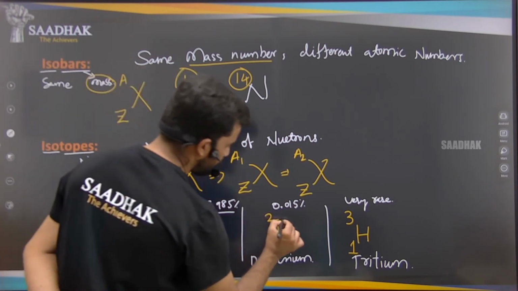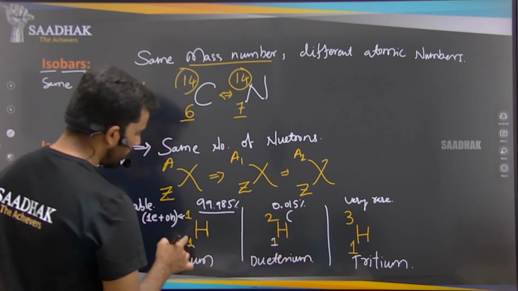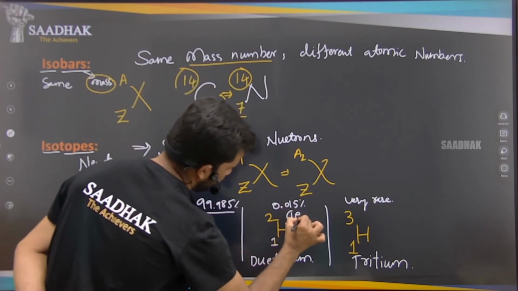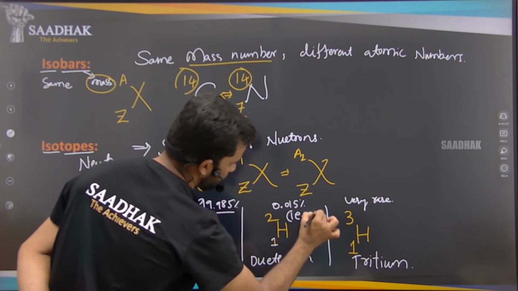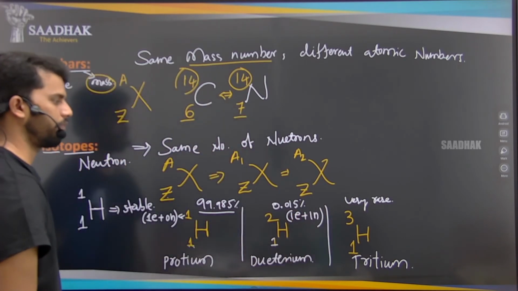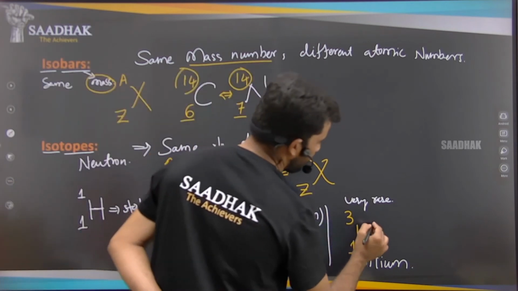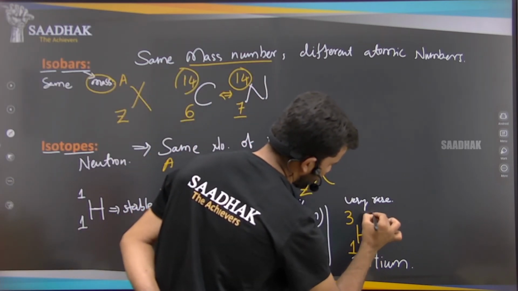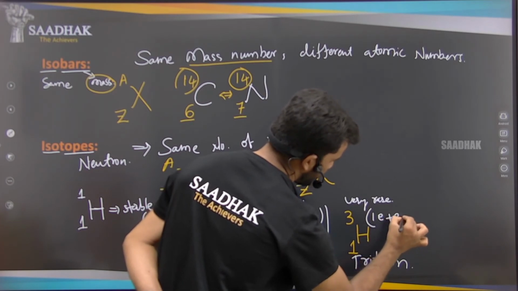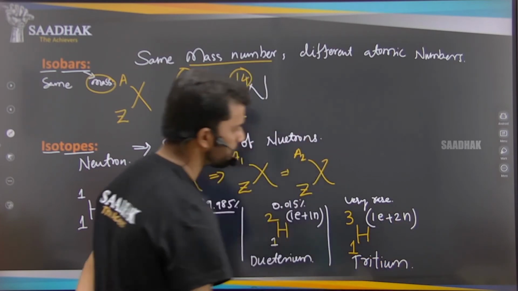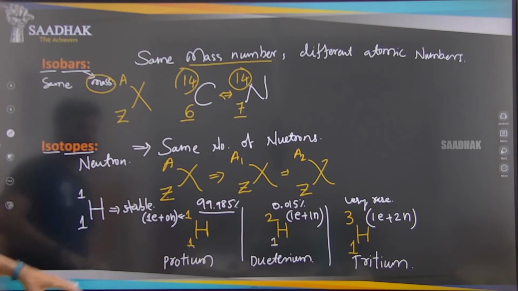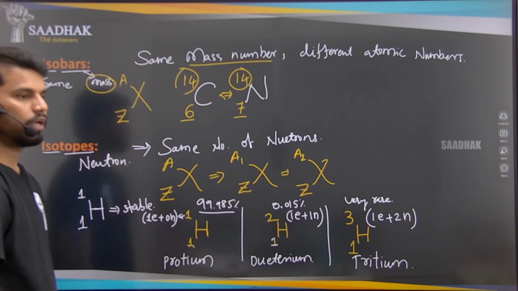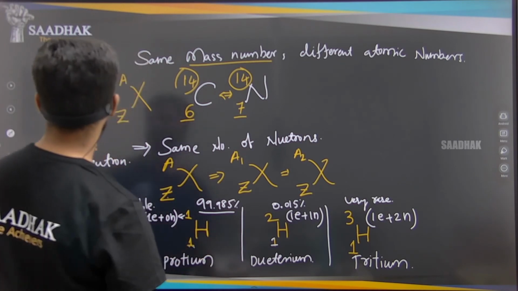Now here, one proton, so you will obviously have one electron, plus one neutron. And here one proton, so there will be one electron, plus two neutrons. So this is how the isotopes of hydrogen are formed. I hope you understand this.